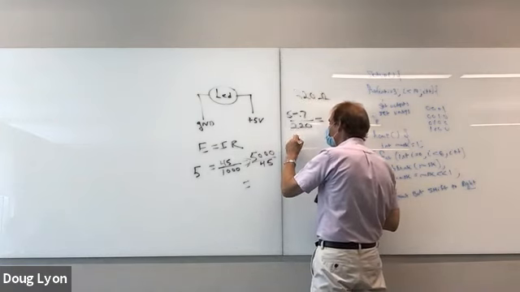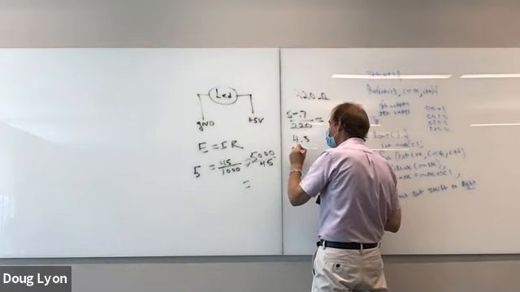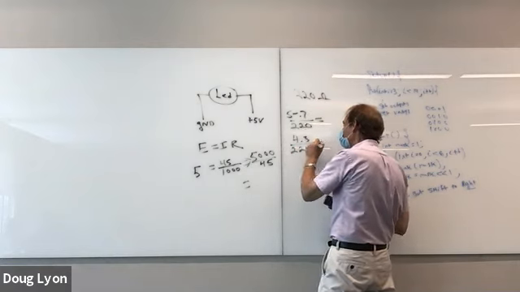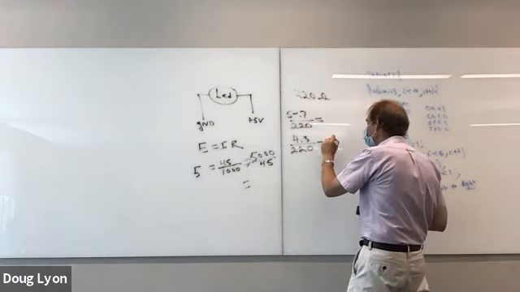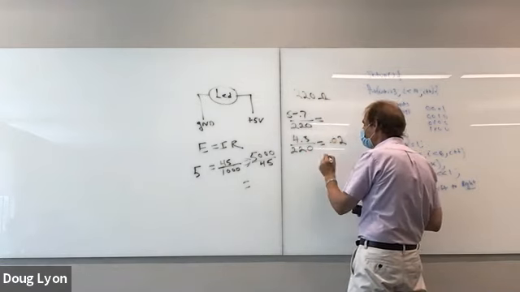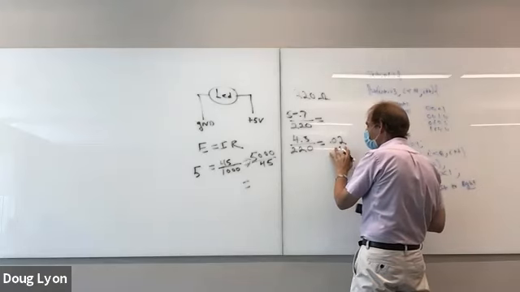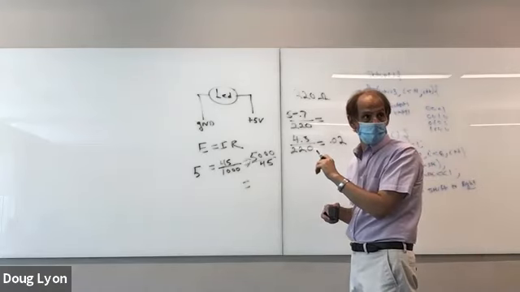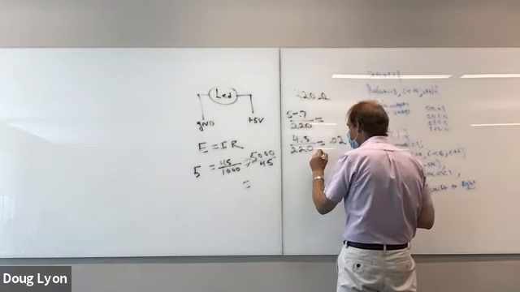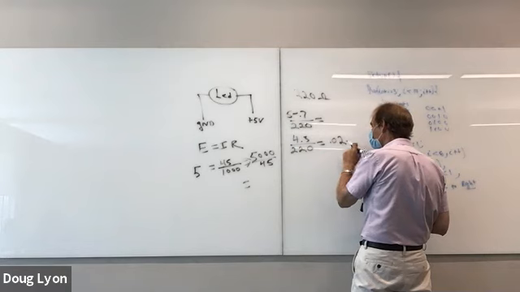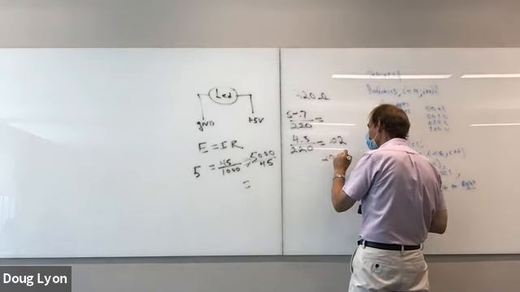What do you guys get? 0.02, and if I multiply that by 1,000, that's like 20 milliamps. So that's equal to 20 milliamps.